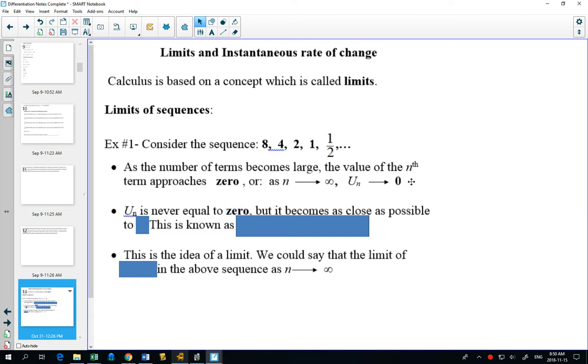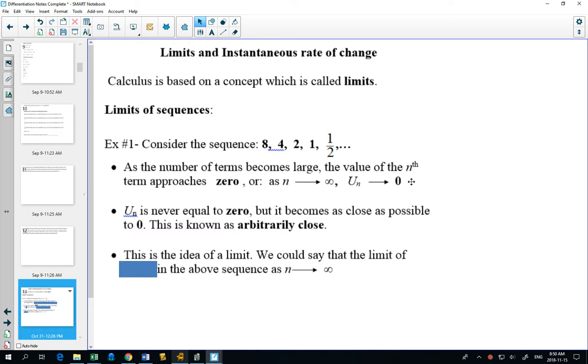It's never equal to 0, because you could always cut something in half and then have a little tiny bit, and cut it in half again and have a little tiny bit. But it becomes as close as possible to 0.